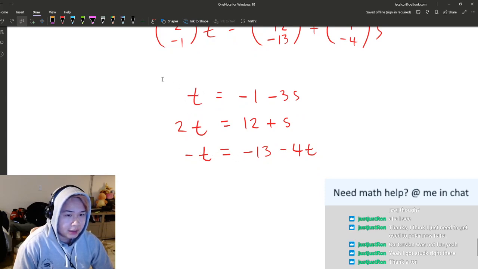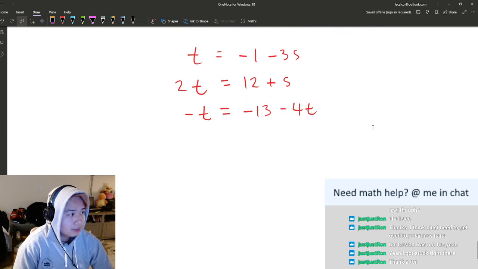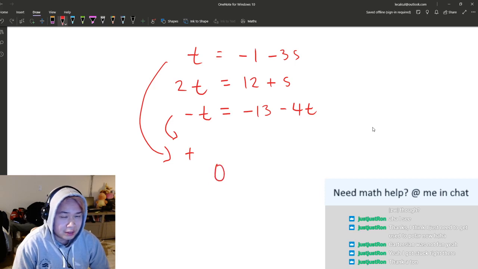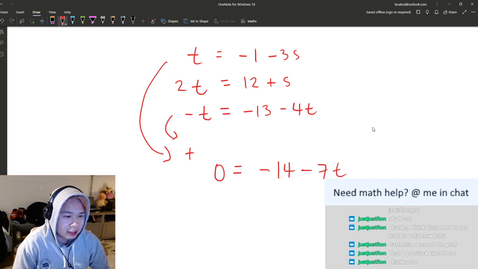Okay, and then I'm going to use these two equations to solve the system. I'm going to add them together. So I get 0 is equal to -14 minus 7t, which implies that t is -2.